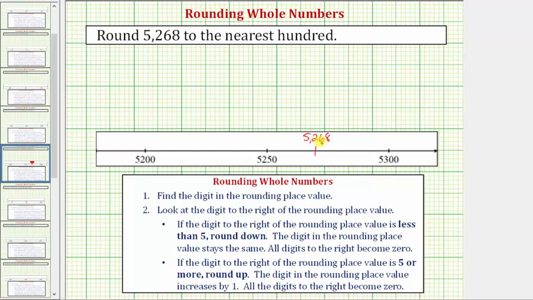And because 5,268 is closer to 5,300 than it is to 5,200, the given value rounds up to 5,300 when rounding to the nearest hundred.